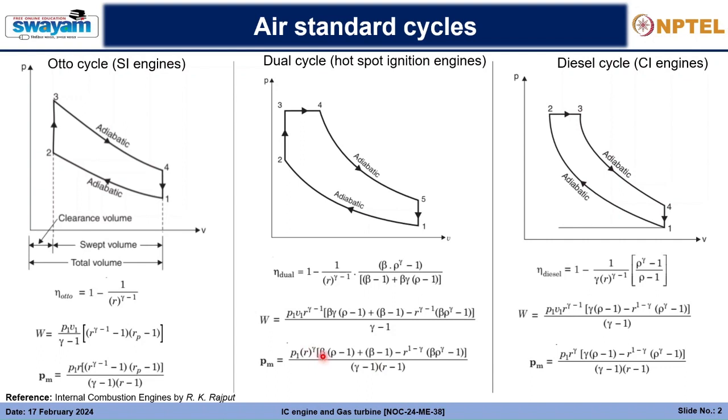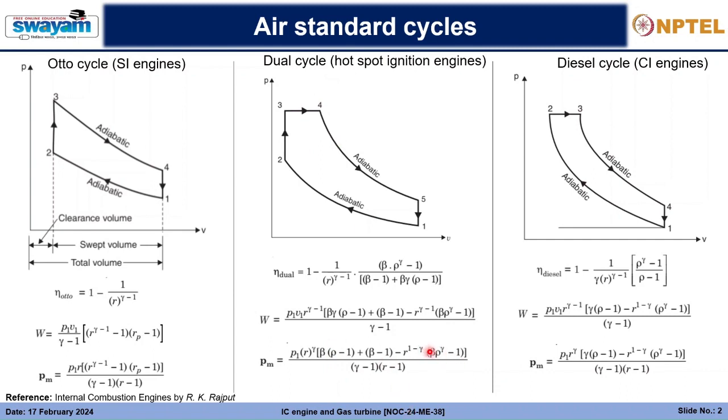So it depends upon gamma, that is what type of gas it is, simply the ratio of the specific heats. Then beta, which is simply the ratio between V5 and V4, and then rho, that is the cutoff ratio.